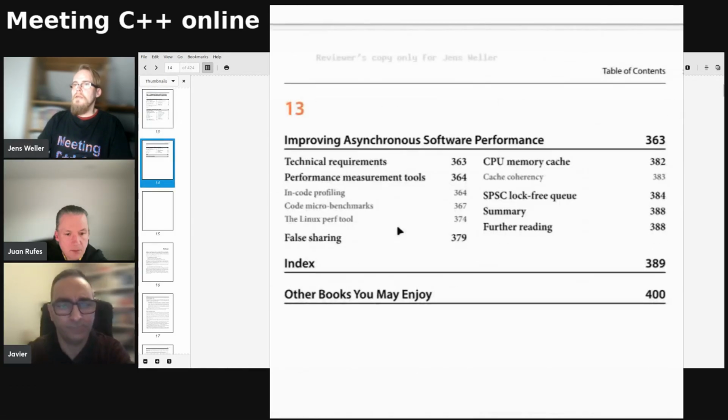And then the book closes with a chapter on improving asynchronous software performance, which is kind of an everyday thing. In this chapter, we talk about an issue called false sharing, where, because of the 64-byte cache lines and the way the CPU works with a full line, you have two threads writing to two totally unrelated variables that sit in the same cache line.